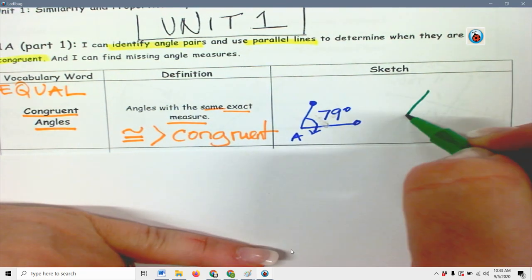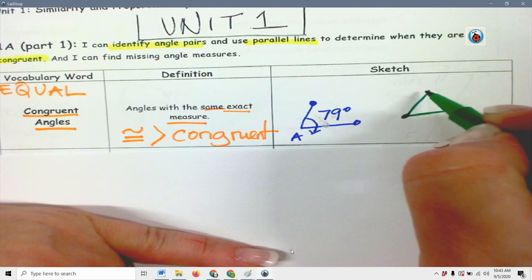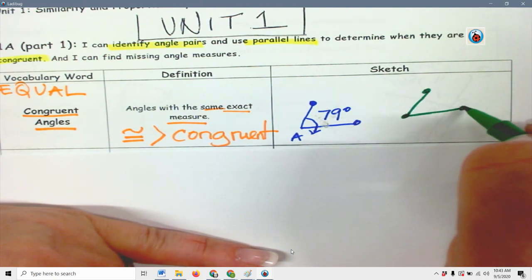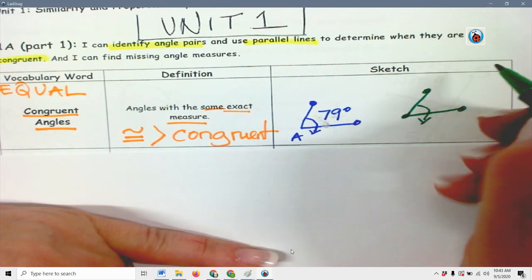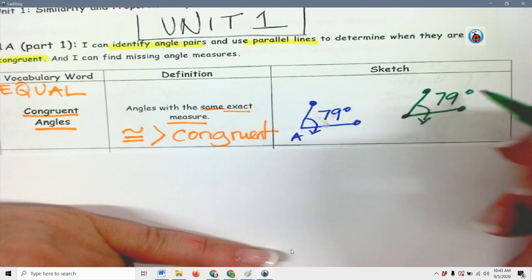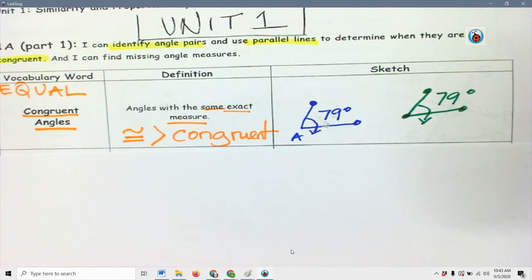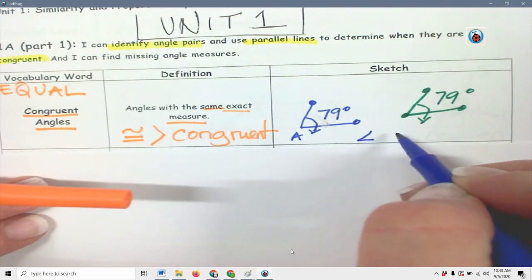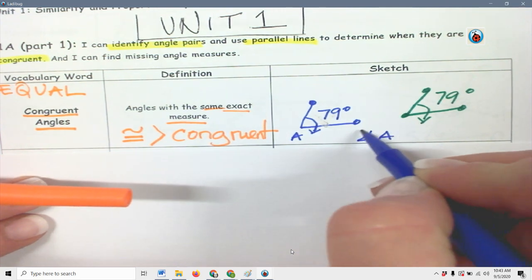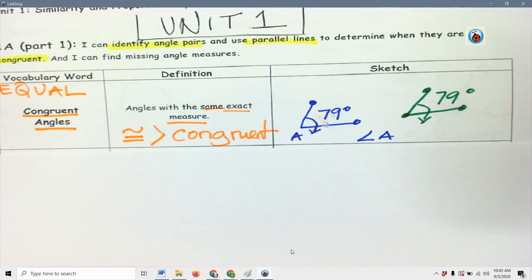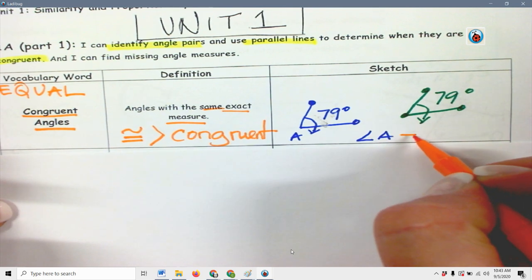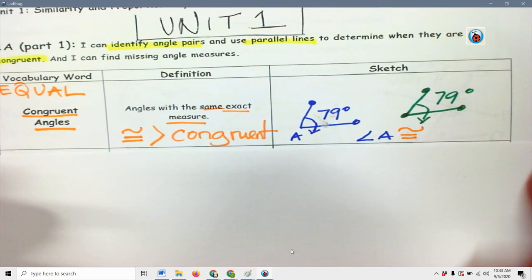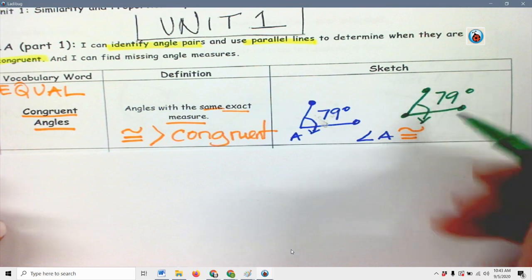We'll call this angle B. And this angle also is 79 degrees. And because those two angles measure the same thing exactly, we say that angle A, here's the notation for angle, is congruent to angle B.